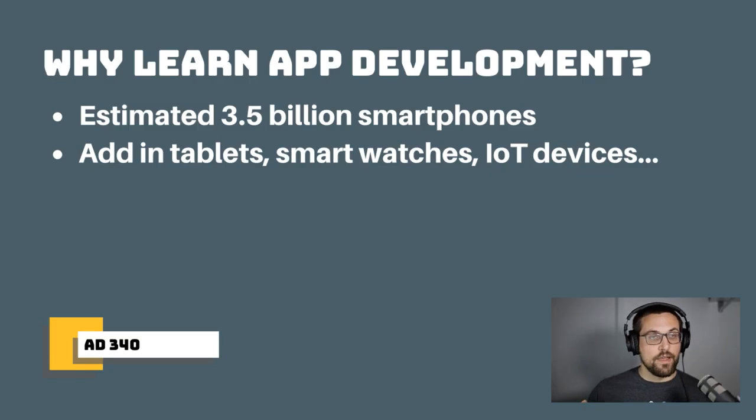First off, there are an estimated 3.5 billion smartphones in the world. That's obviously a huge number of devices, something like one smartphone for every 2 people in the world. But if you add in tablets, smartwatches, IoT devices, that number becomes much larger.